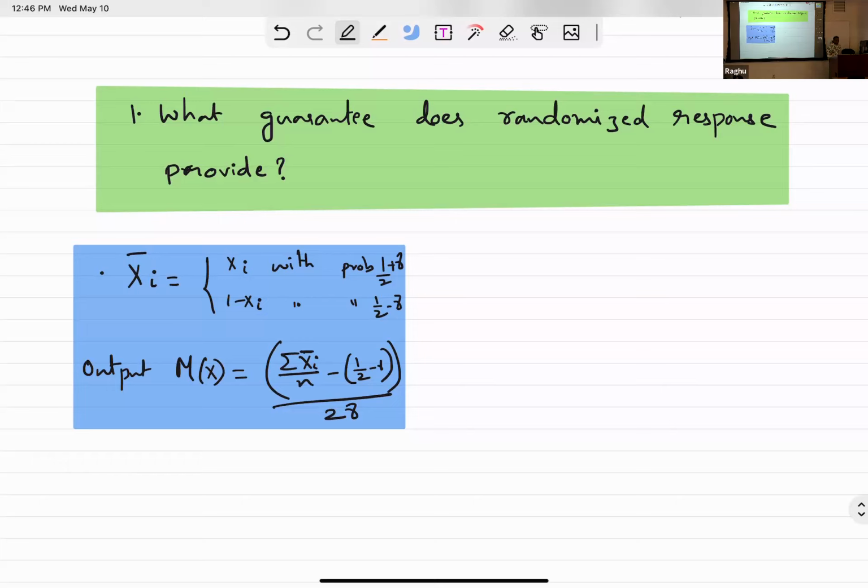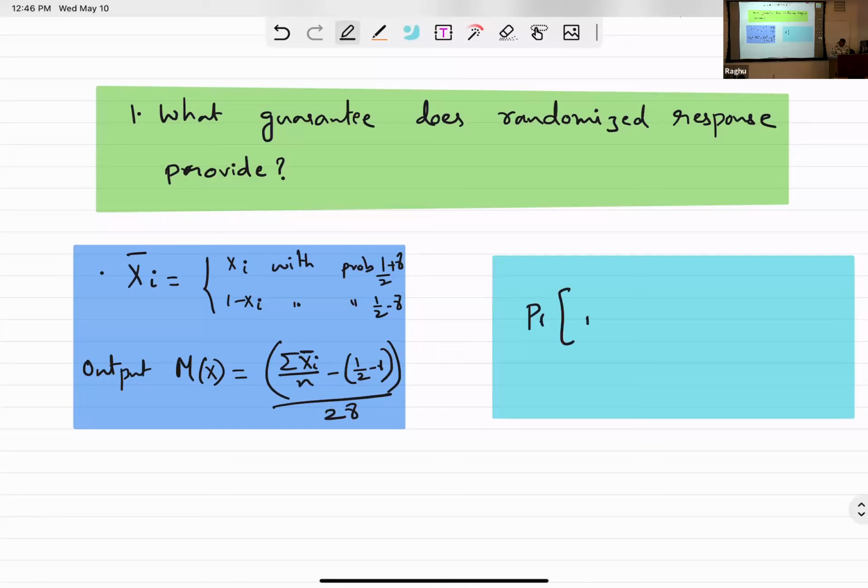The statement that we had from last class was about the accuracy of this: the probability that the absolute value of m of x minus f of x, which is the true mean, is greater than or equal to 1 over gamma times square root n, is less than or equal to 1 over 4. This is what we have.